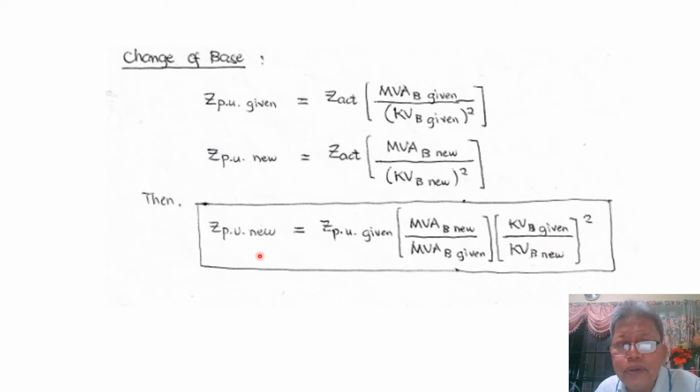So this is our formula for finding the new per unit value of the impedance: the given per unit value of that impedance times the ratio of the new MVA base to the old or given MVA base, or the capacity rating of the generator or transformer, and then times the square of the given base voltage over the new base voltage.